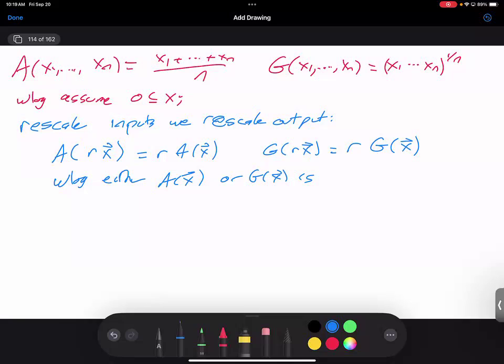What does the value equal? 1. Is there any way that the value might not be 1? What's the only way the value would not be 1?